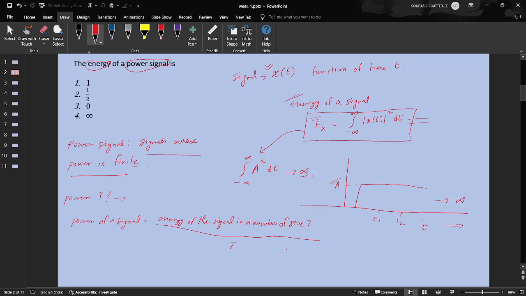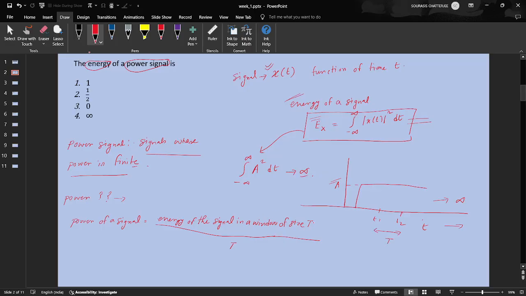Now the question comes to mind, what should be the size t here? I give the expression, power of this signal is the energy of the signal in a window of size t divided by t, where the window is maybe t1 up to t2, which I am calling a window of size t.